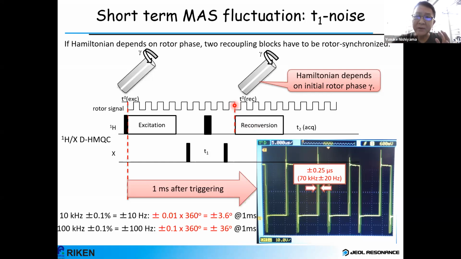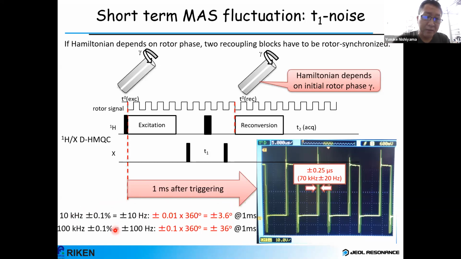This is not a big issue at slow spinning frequency. For example, if we assume a stability of plus minus 0.1% at 10 kHz, that results in a 3.6 degree change of rotor phase after 1 millisecond. This is not a big issue.